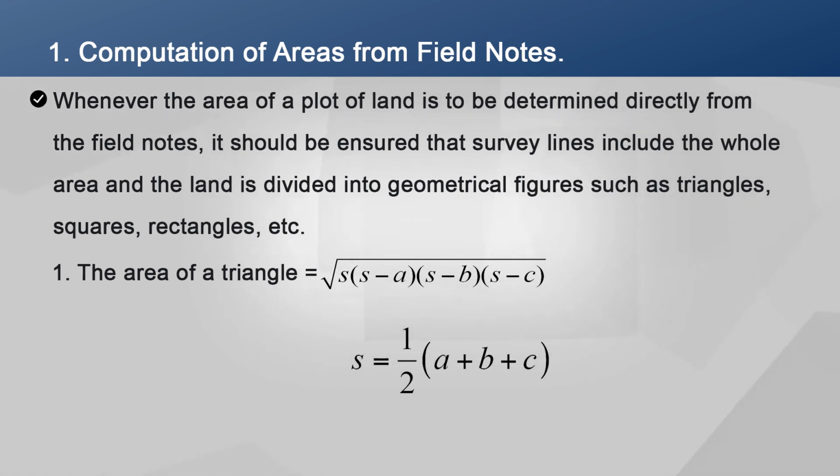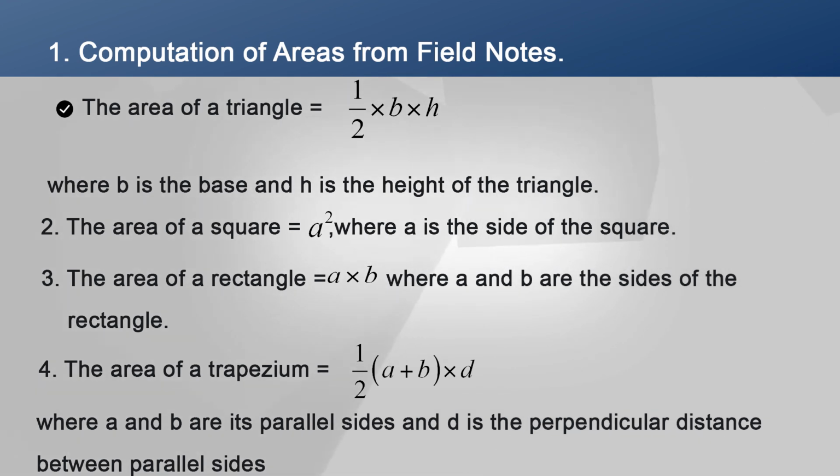And what is s? s is nothing but half of the perimeter, meaning (a plus b plus c) by 2. What is the other way of calculating the area of a triangle? If the base width of the triangle and height of the triangle are known to us, then we can easily calculate the area of the triangle using the formula half into base into height.